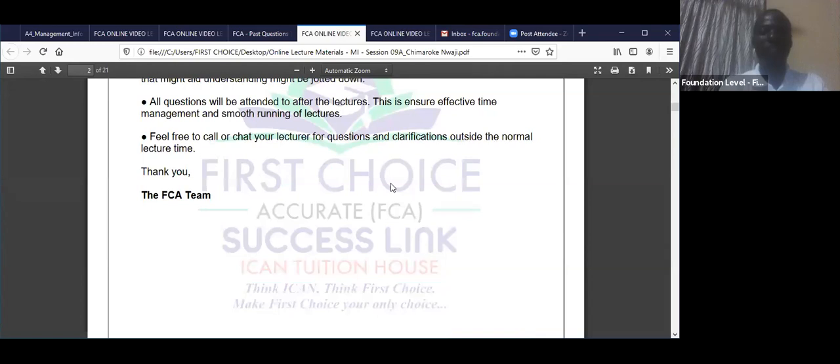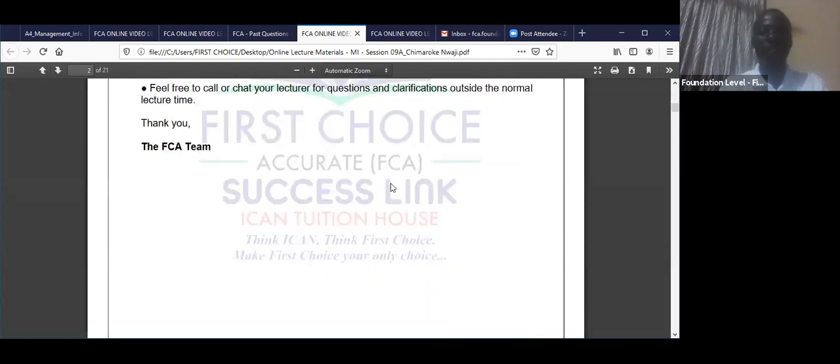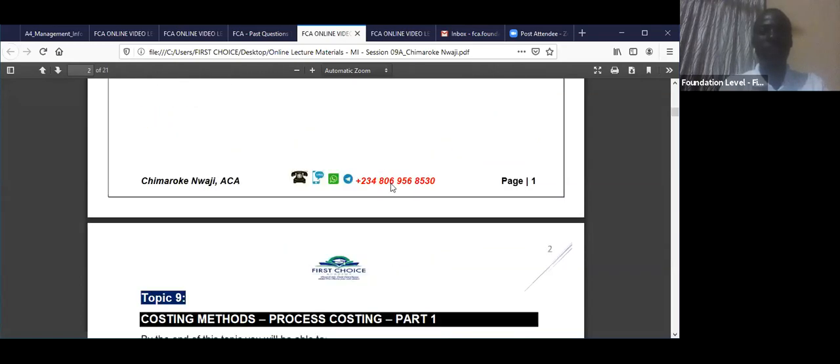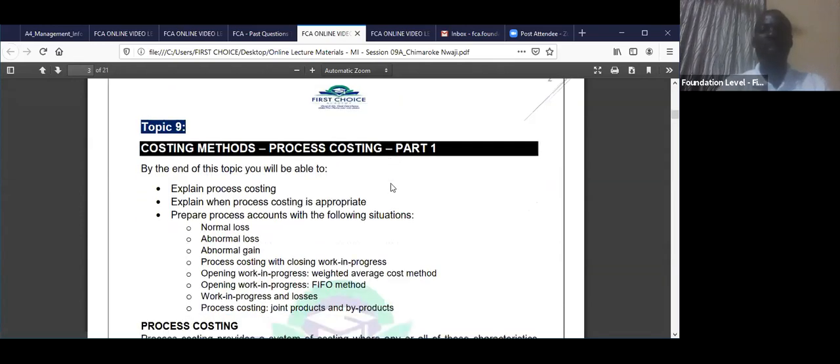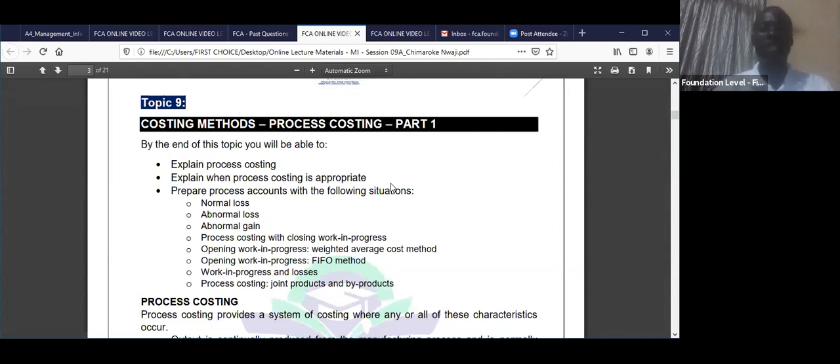So let's look at process costing. Now, this is part 1. Obviously, even this part 1, we may not finish it today. So part 1 will extend to the next class, and we'll finish the whole of process costing by next week.